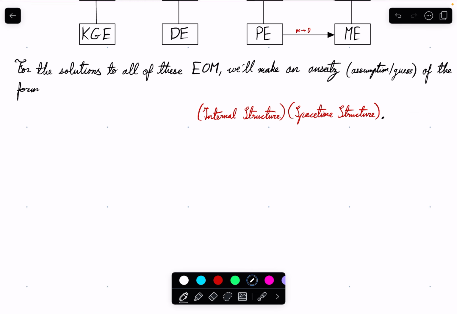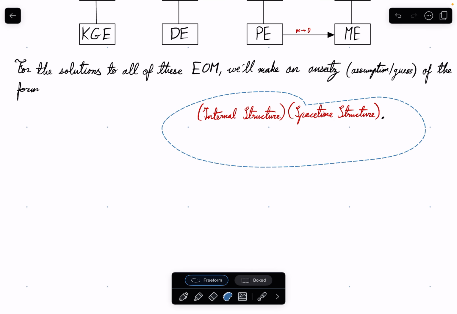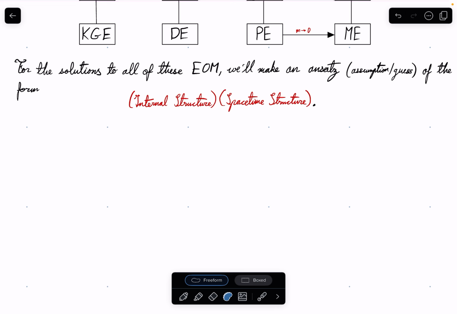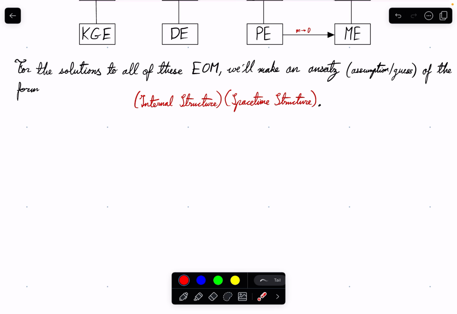Notice that what this means is that we assume that the solutions have internal degrees of freedom and external degrees of freedom, and that they are uncoupled, namely that the internal structure changes separately from the spacetime structure. We'll see that the spacetime structure actually is always wave-like. So the major differences between these different types of fields is actually the internal structure, because the spacetime structure will be about the same.